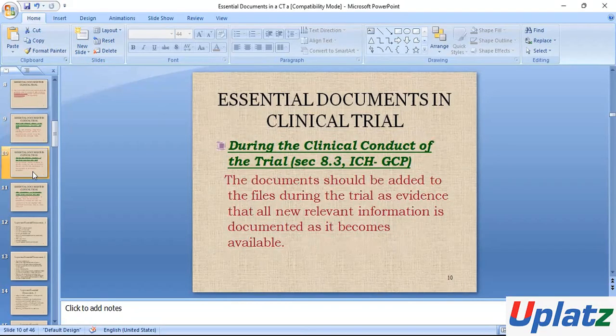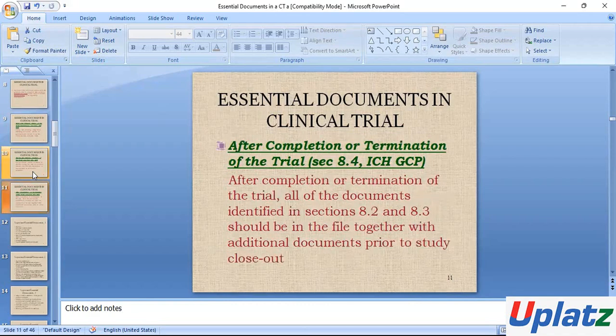These documents should be added to the file as evidence that all new relevant information is documented as it becomes available. And the third is after completion or termination. So all this information should be documented together prior to study closeout.